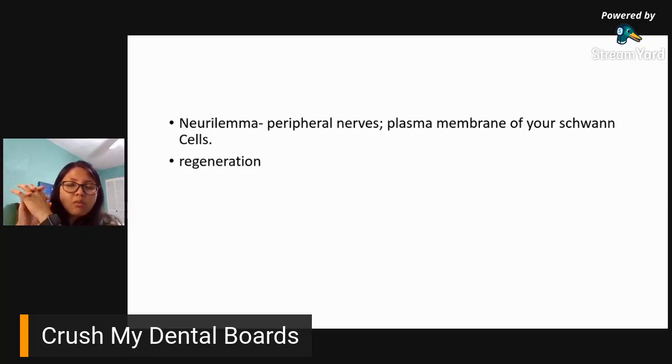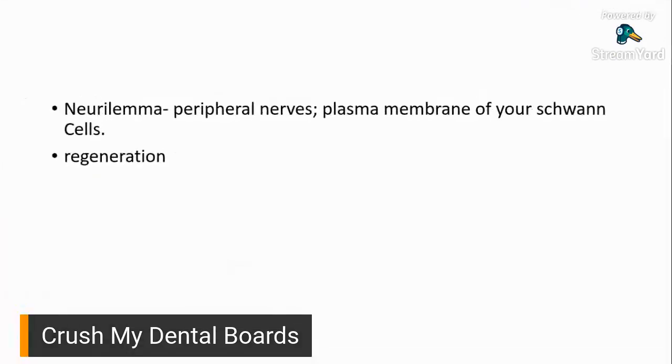Once any nerve in the central nervous system is damaged, then yes, regeneration is almost close to impossible. However, if we are talking about injury to your peripheral nerves, the nerves can regenerate, as long as the neurolemma is still intact and the cell body of that Schwann cell is still good. So peripheral nerves can regenerate.